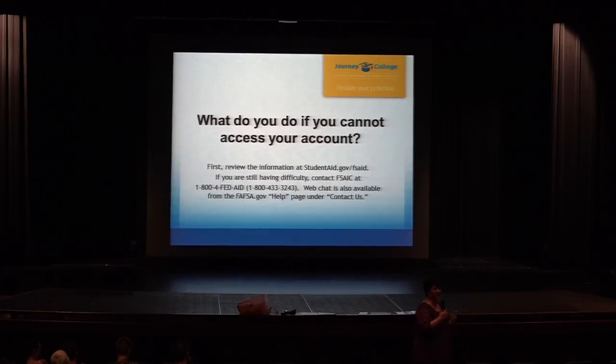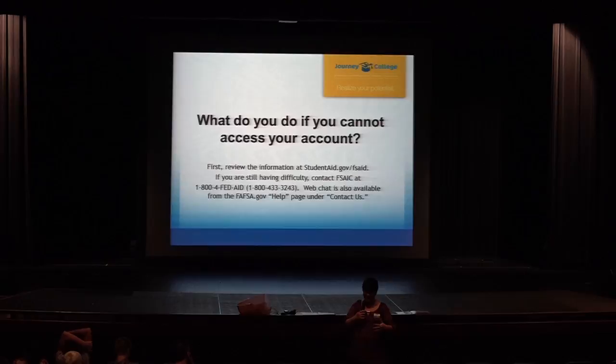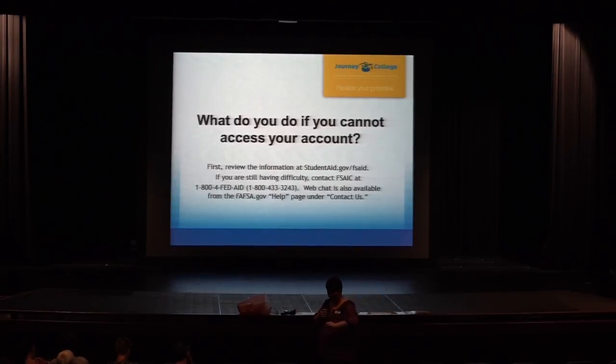Another thing, whenever you fill out your FSA ID, your name has to match exactly what your social security card says. So if you go by Bob Henry, but your real name is Robert Henry, make sure you're typing in Robert Henry, and make sure that your social security number is the social security number that is given to you, because there are times where they verify all of this, and if anything is screwy, they will not let it go through.